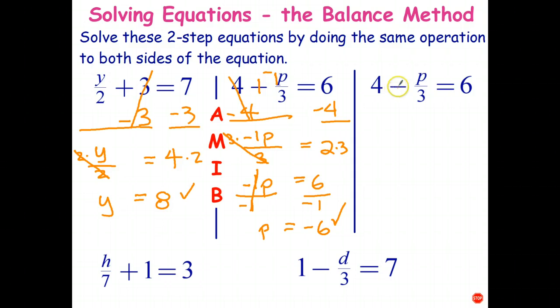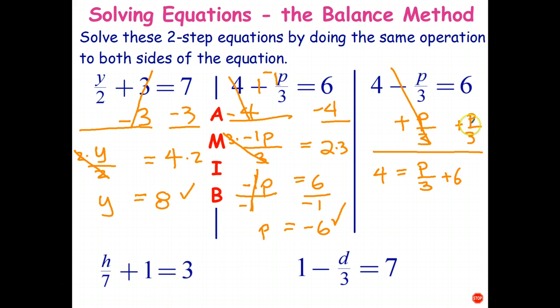The opposite of subtracting p on 3 is just adding p on 3. So I'm going to do that to both sides of the equation. They disappear, leaving just the 4. Now these aren't like terms, so I have to write them separately. I can't simplify that, so it's just p on 3 plus 6.